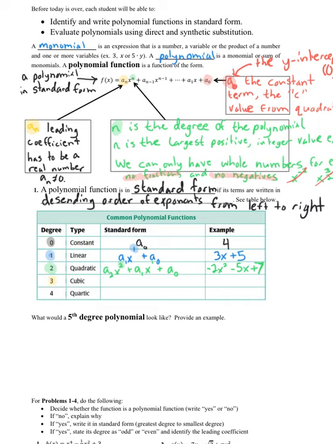And we can keep building these things. A cubic function would be a sub 3 x to the third plus a sub 2 x squared plus a sub 1 x to the first plus a sub 0. Hopefully we're starting to see a little bit of a pattern here.